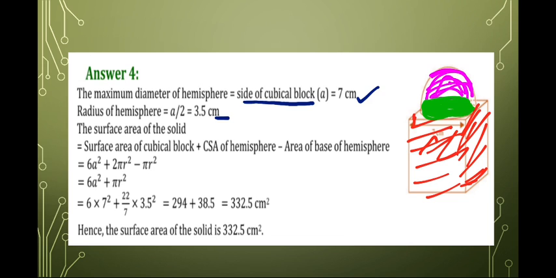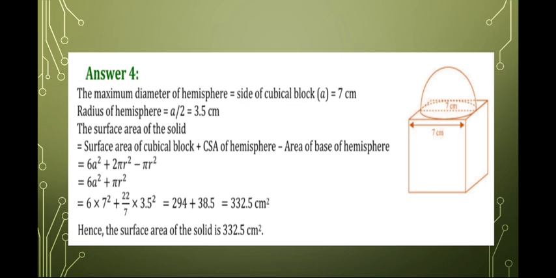This section is not included in the surface area of the solid. That's why you have to deduct this green portion from the total surface area of the cube.